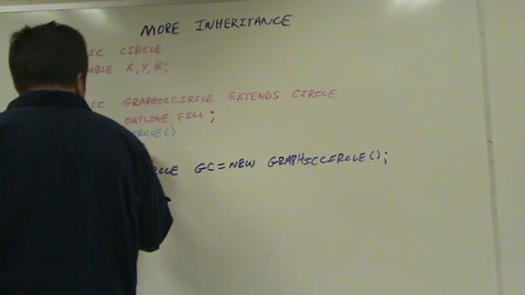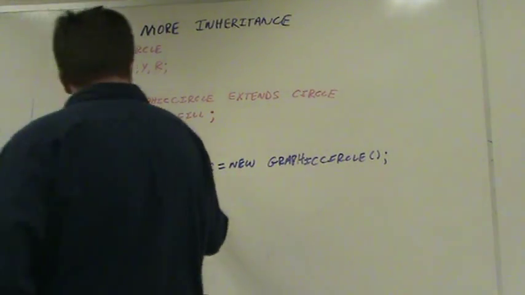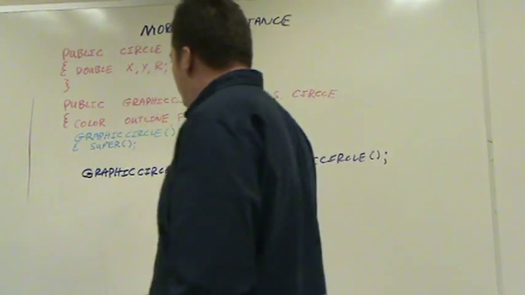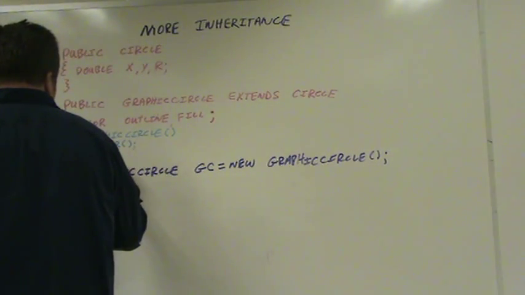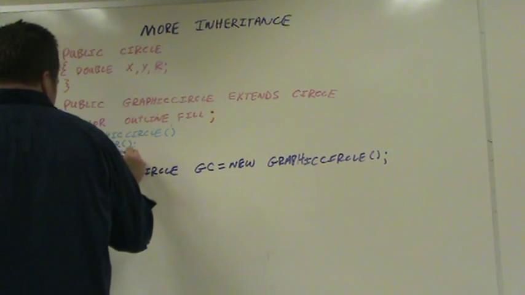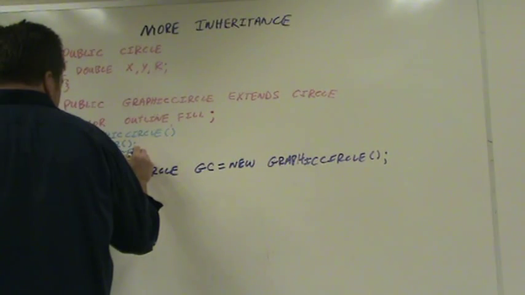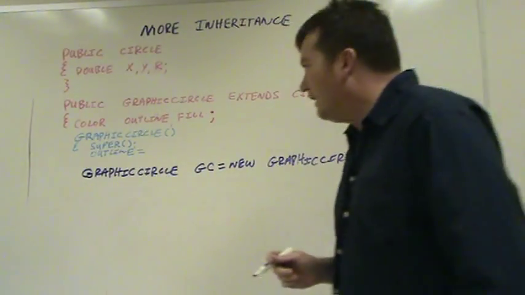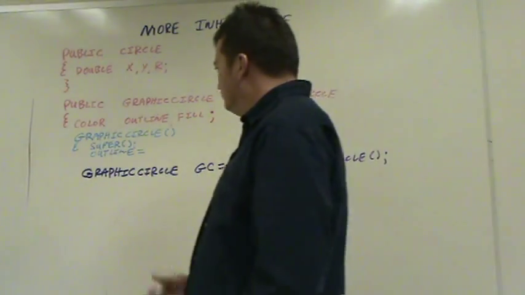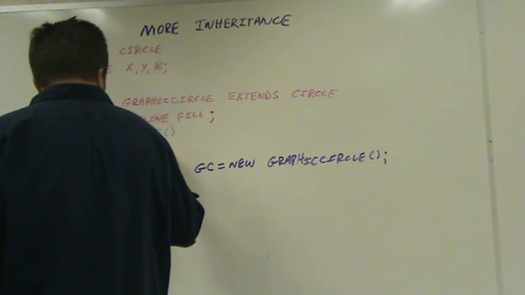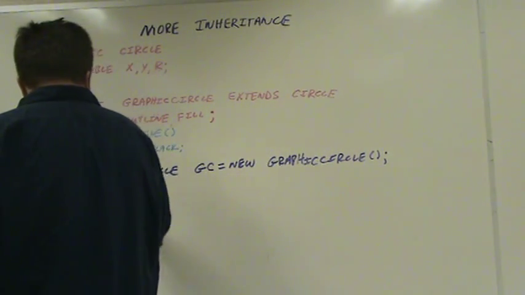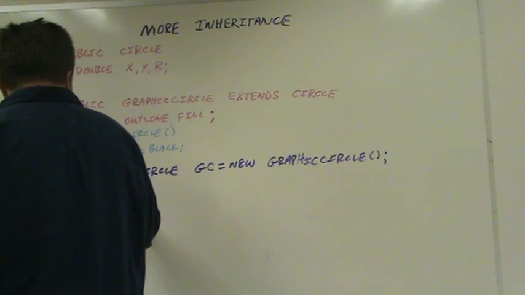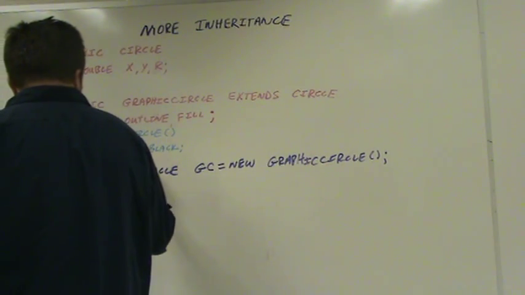And then the next step is to fill in the new fields with default data. So that would be outline equals, and we said black was the default, and fill equals white.